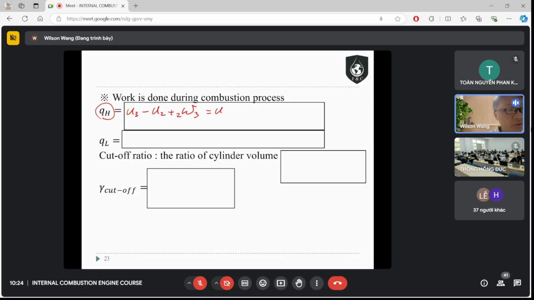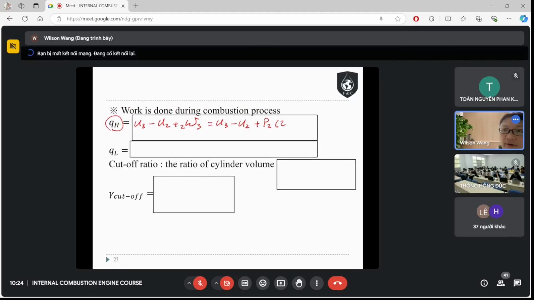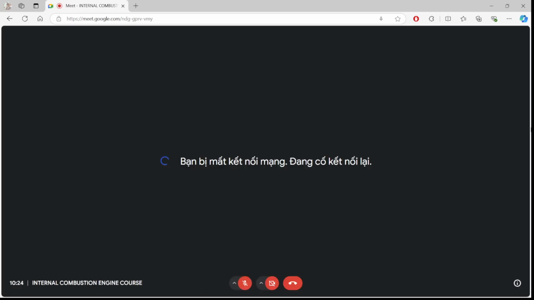So that is U3 minus U2 plus the work, which is P2 multiplied by the volume change.